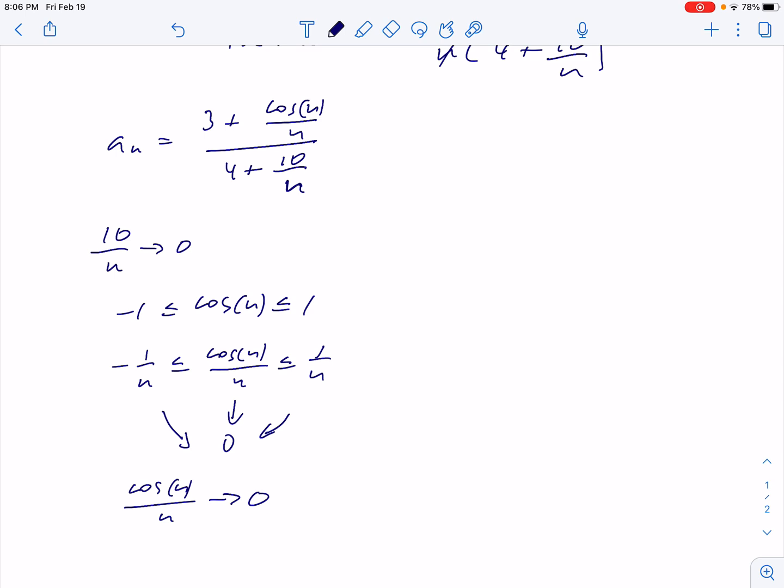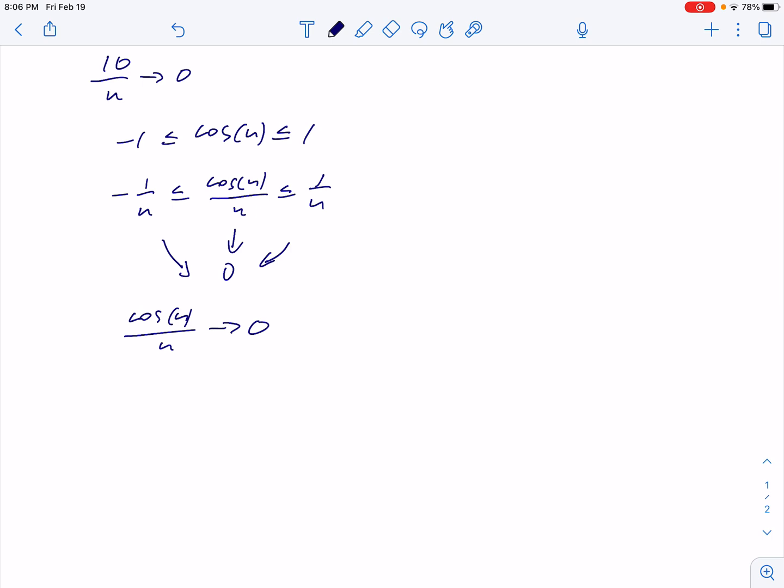Going back to our sequence, I can compute the limit. It will be 3 plus 0 over 4 plus 0, which is 3/4. This is how we deal with our sequence, by using the squeeze theorem.